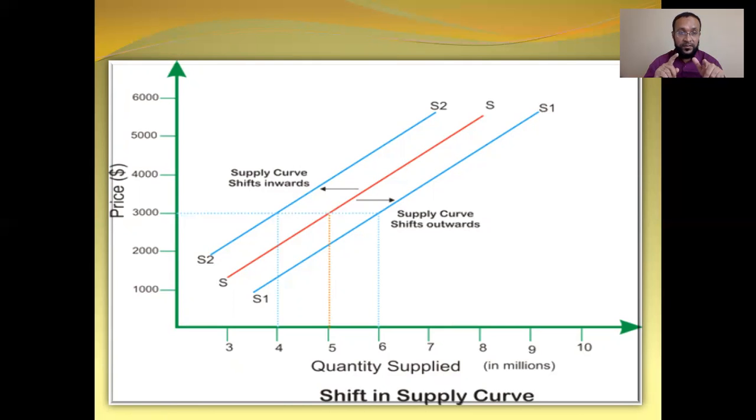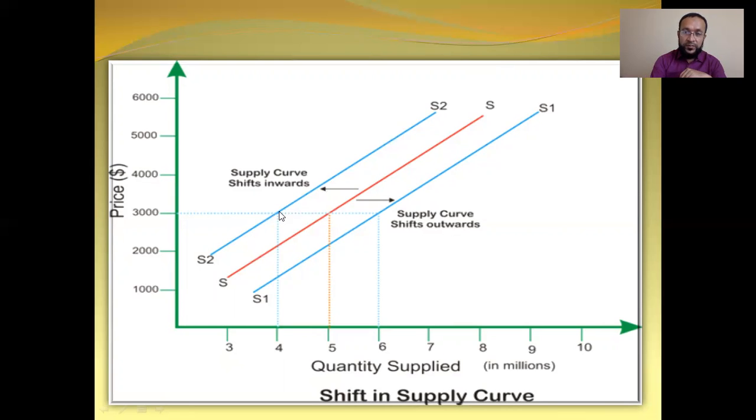So here, since the price of the product is the same and cost is rising, the profitability per unit of the farms will fall. So they will produce less as they are rational producers. So their production will fall from 5 million units to 4 million units. So the supply curve will shift to the left from SS to SS2, which is called inward shift or leftward shift of the supply curve.